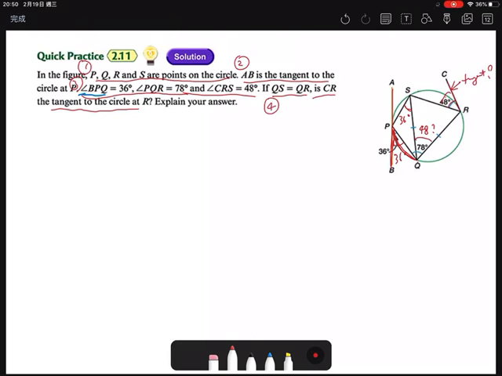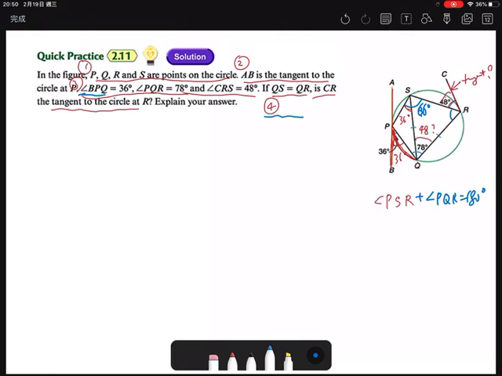So we know that angle PSR plus angle PQR equals 180 degrees. Opposite angles, cyclic quadrilateral. So we can find angle QSR. Angle QSR will be 180 degrees minus 78 minus 36, which is 66 degrees.